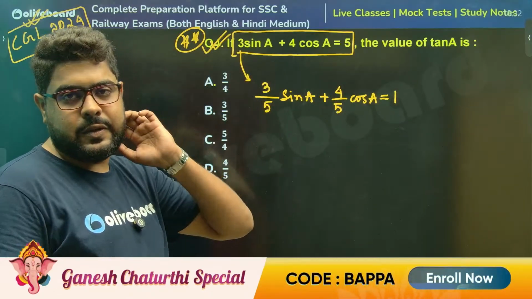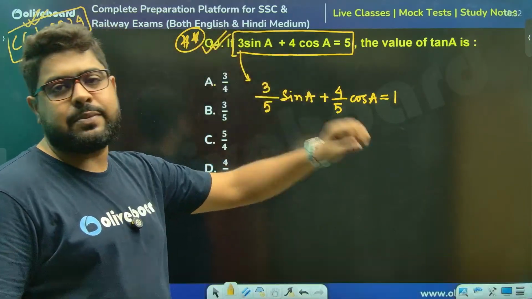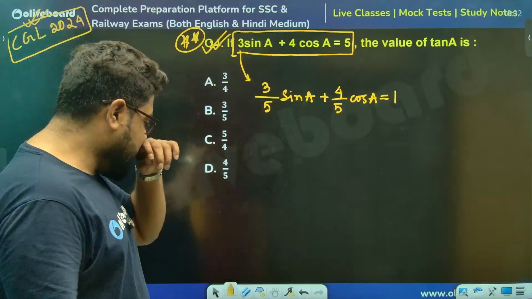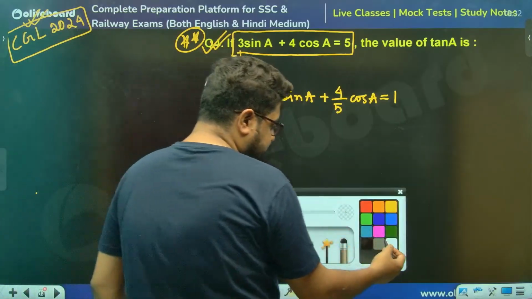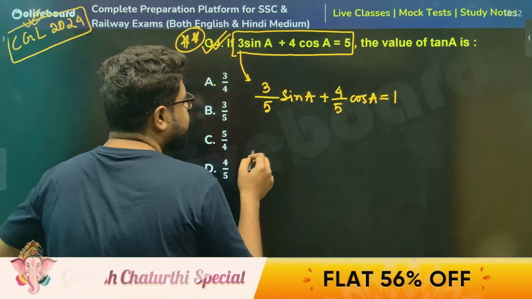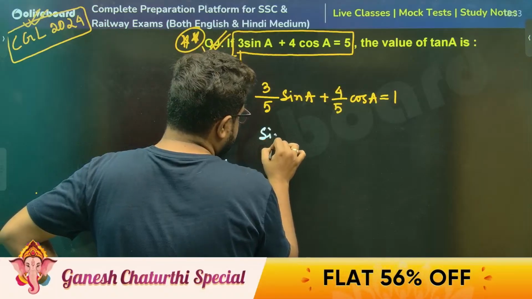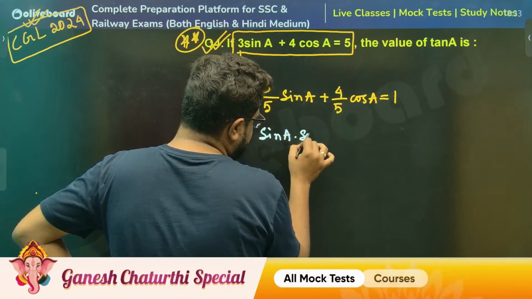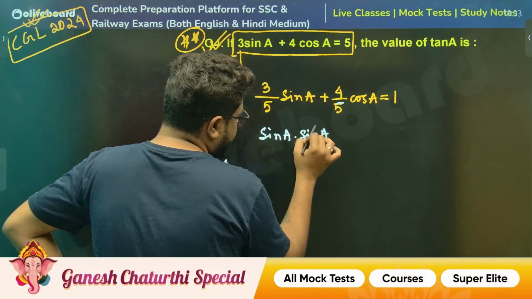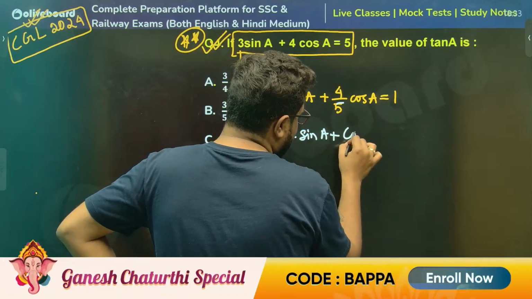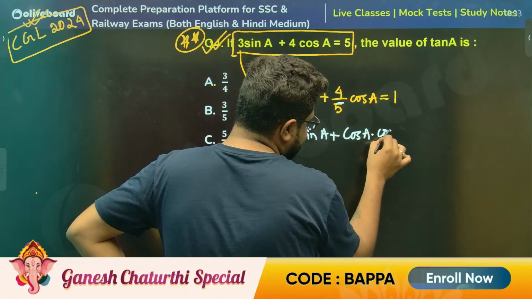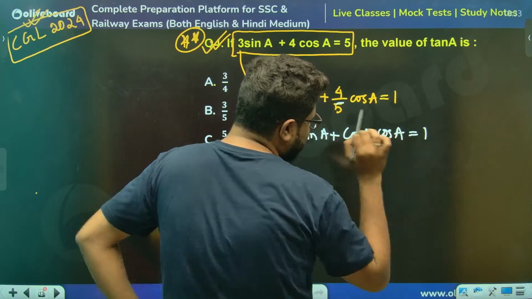Correct, sir? Now compare this with something. Anything that is 1, sir, I can say sine A into sine A plus cos A into cos A. That also I know to be 1.